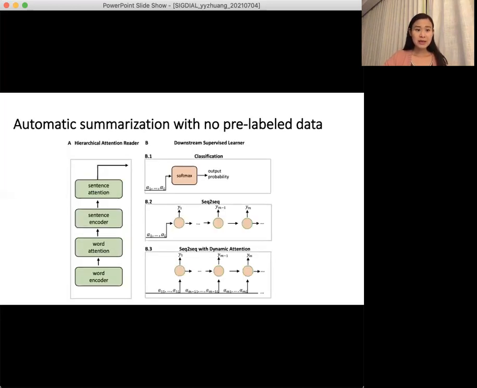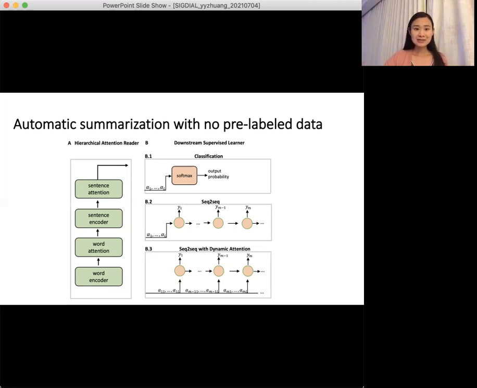We propose a model architecture that generates extractive summarization as a byproduct of a supervised learning task for indirect signals with the help of the attention mechanism. This also intuitively makes sense because sentences and words that have provided strong signals to the downstream supervised learning tasks will naturally have higher attention weights and become good candidates for the summary.